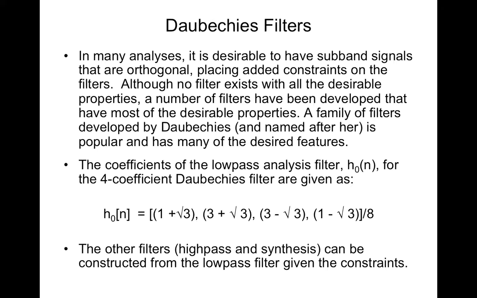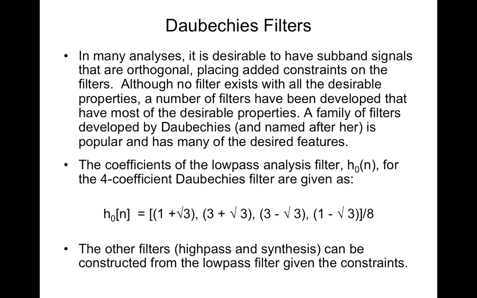So the question becomes then, as you do this decomposition, how physically is it done? What you would really like is to have subband signals that are orthogonal. And this constrains your filters quite a lot.